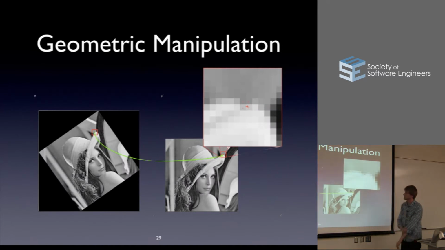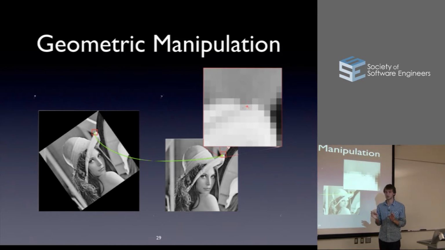But the problem with images is that they're not completely ideal. In your math class, they'll give you a triangle and say, rotate this X amount of degrees. That's fine and dandy because each vertex of that triangle is infinitely small, because it's a point.